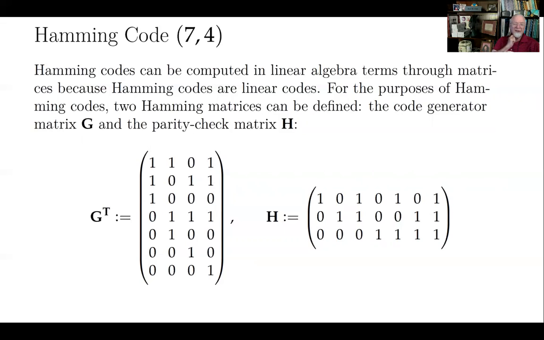So if you have a 4-bit code and you take G and inner product it with the 4-bit vector, it'll tell you what the 7-bit code is, with all the parity checks.